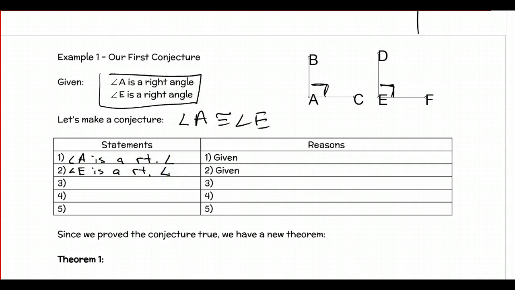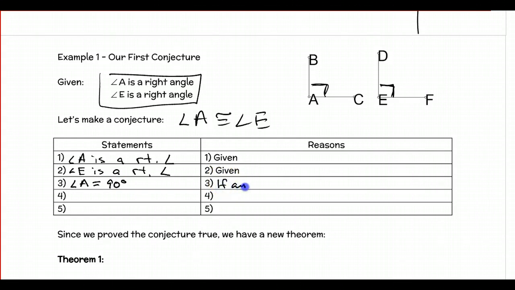All right, so now, knowing that angle A is a right angle, we need to try and make some sort of a conclusion about it. Well, since it's a right angle, we know that it has to be 90 degrees. So we can say that angle A equals 90 degrees, and the reason is, we're going to use our definition of right angles.